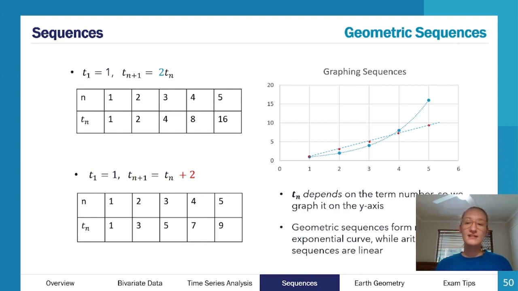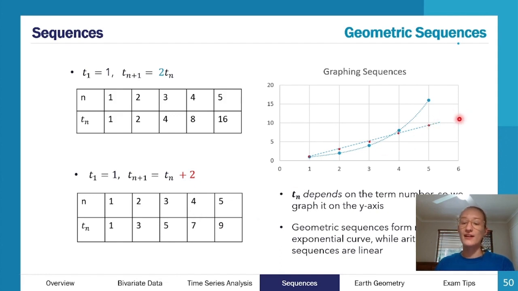Now all of a sudden, we can really start to see this pattern coming into play. You can see here, it's way off the graph, but I've graphed our potential next term in our geometric sequence, term 6, 32. And this is our next term in our arithmetic sequence, 9, and then adding 2 to get to 11.